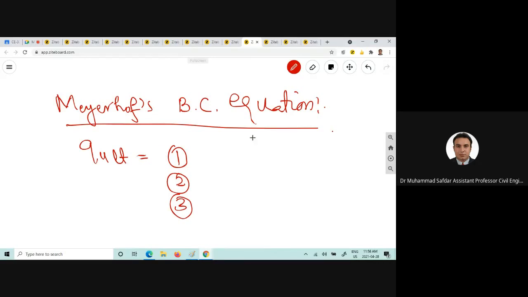Okay, and then you can find out the P ultimate and then you can find out the factor of safety.